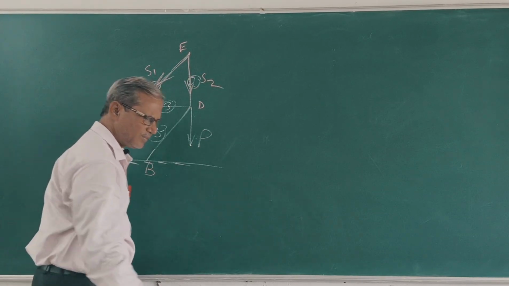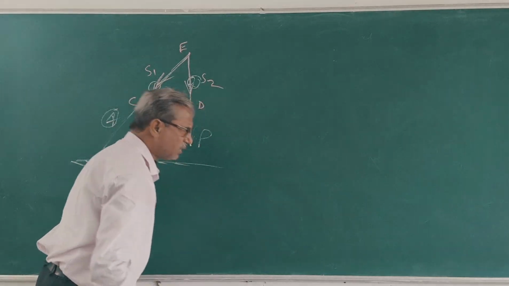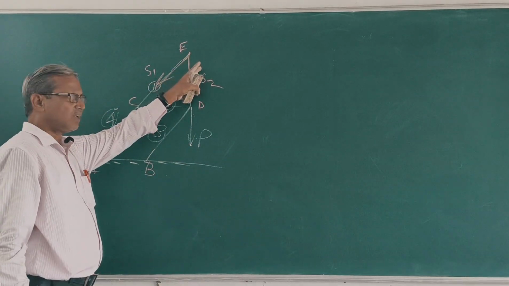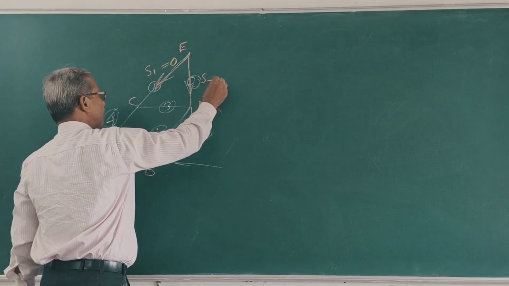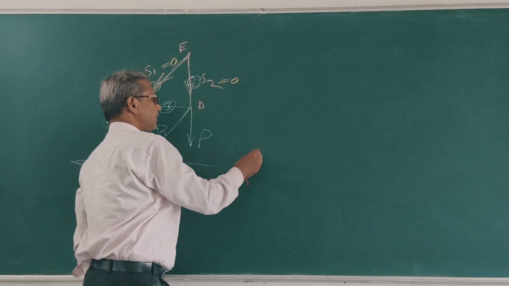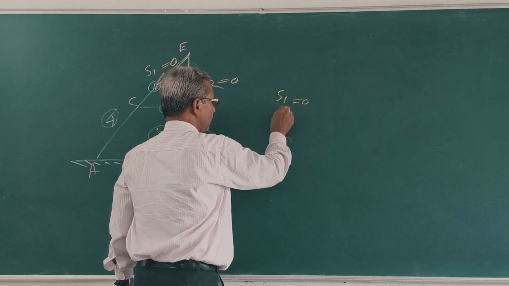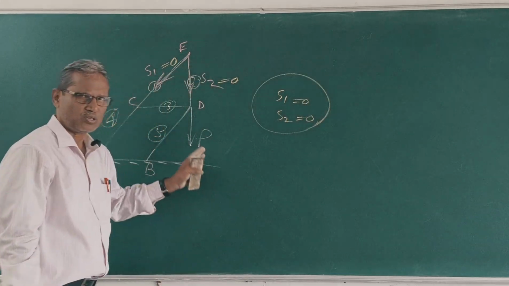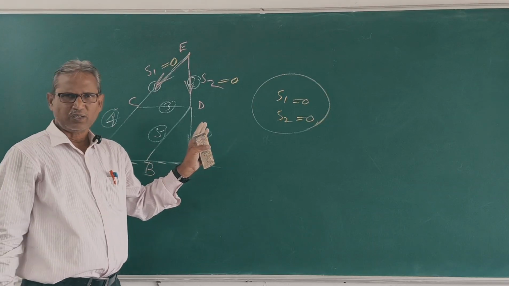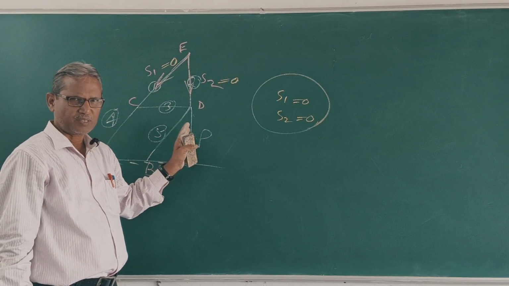Clear? Since there is no load at point E, no force at point E, S1 is 0, S2 is 0. Clear? These are two examples for the two special conditions. Next question.